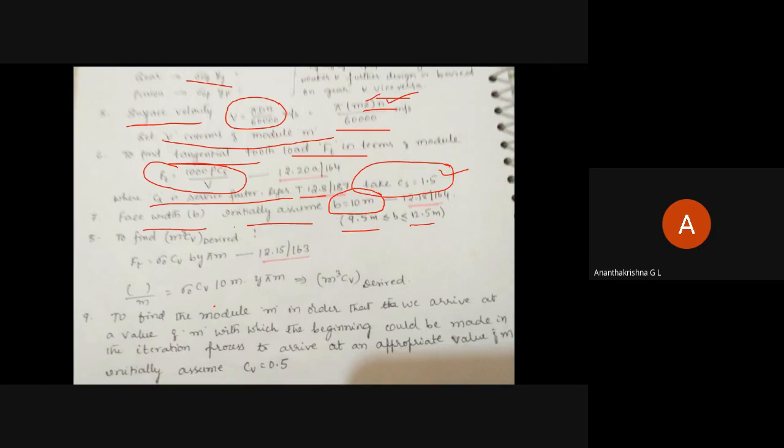Then the next step is to find m cube Cv desired. For that, take the Lewis equation, substitute Ft in terms of module, sigma naught, Cv, b as 10 m, and then substitute the remaining things. If the gear is weaker, substitute the sigma naught G value. If the pinion is weaker, substitute the sigma naught P value.